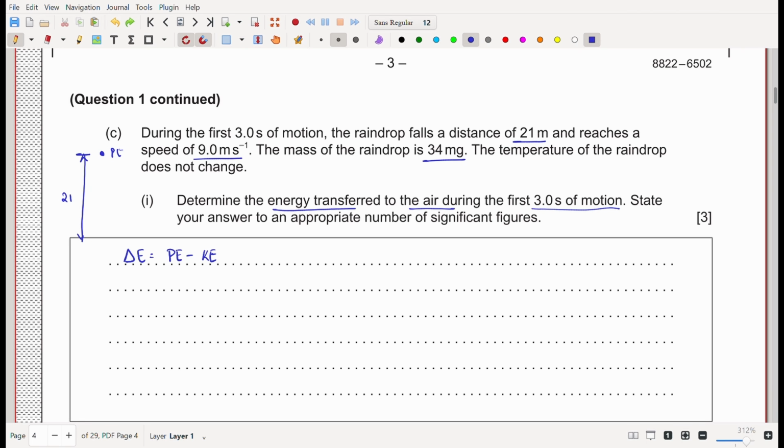So keeping that in mind, let's go ahead and write this out. This is going to be mg delta h minus K, which is half m v squared.